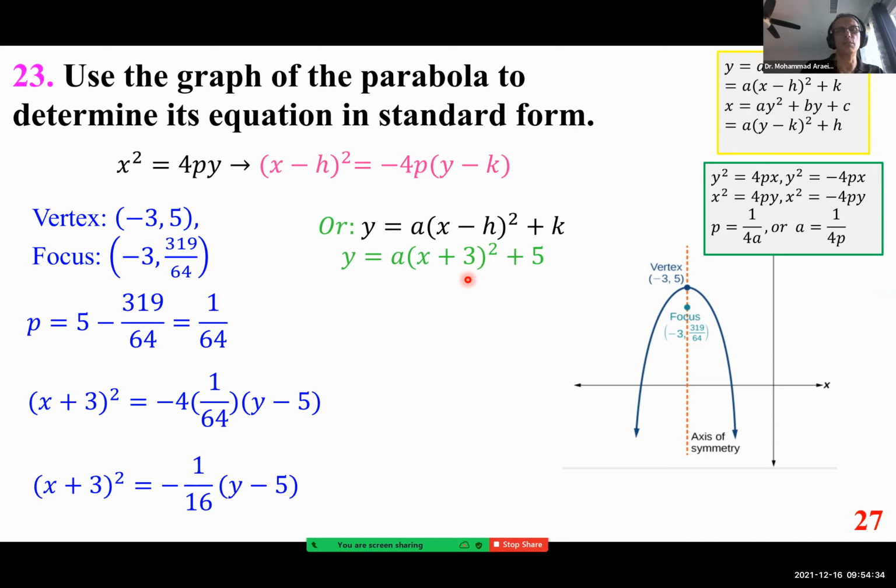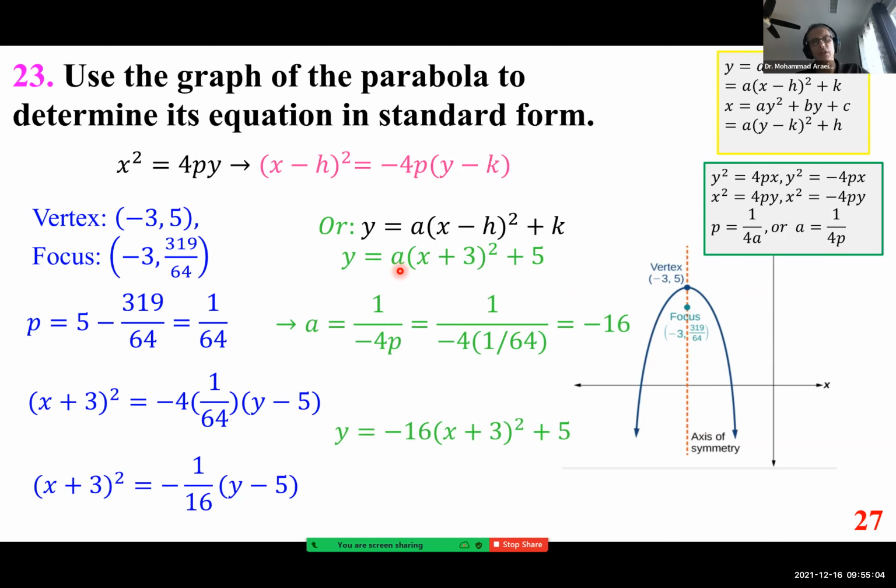Everything is done. The only thing missing is a. Well, we know a is 1/4p. And what is p? We already have it. Of course, p in an absolute value sense is that, because it opens down, you can say 1 divided by that, and then because you know it opens down, make it negative, or just simply 1/-4p. Either way is fine. And if you replace the a, you get this answer.